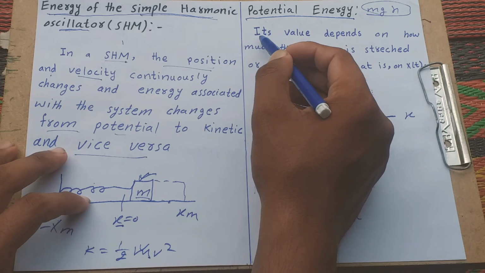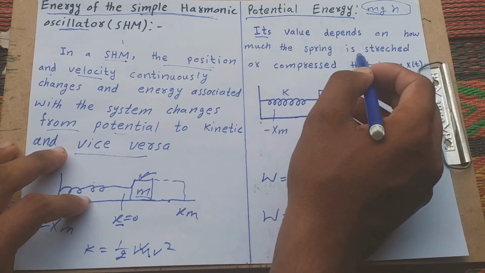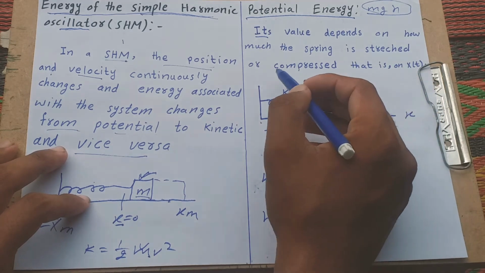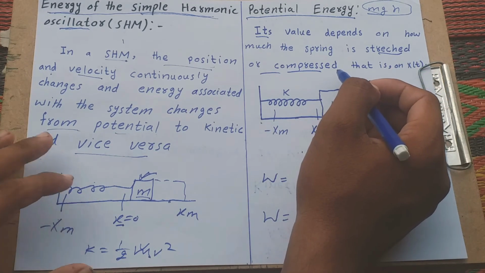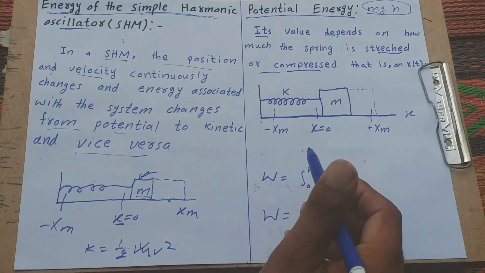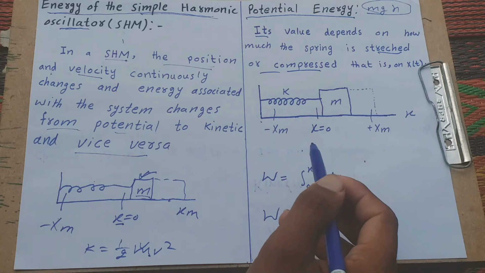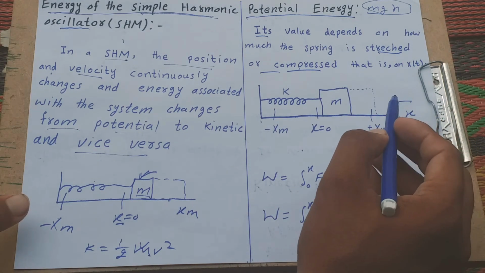Its value depends on how much the spring is stretched or compressed. A linear oscillator means an oscillator in only one direction, like the x direction. This is a linear oscillator.